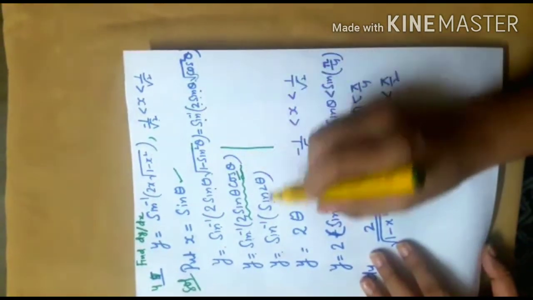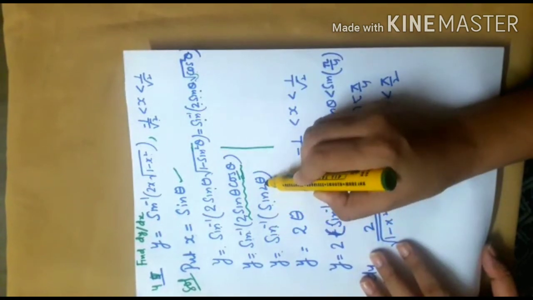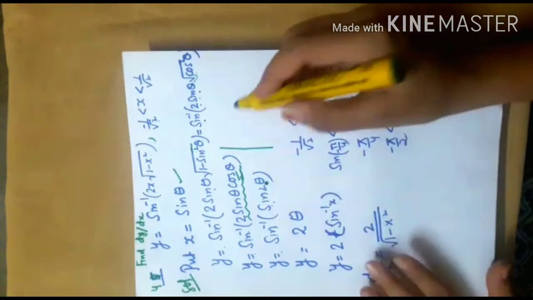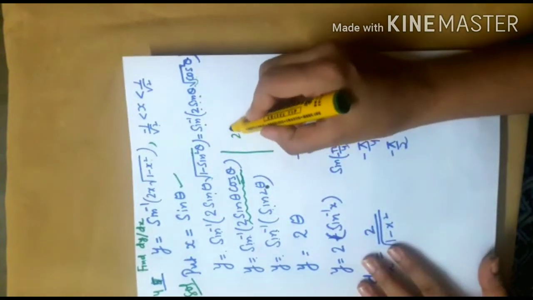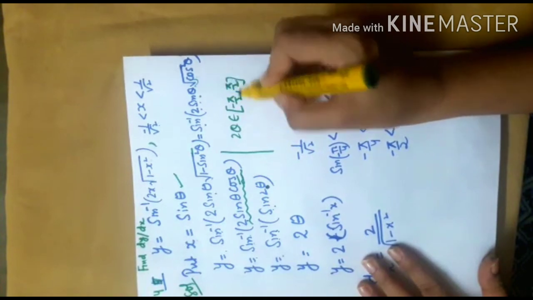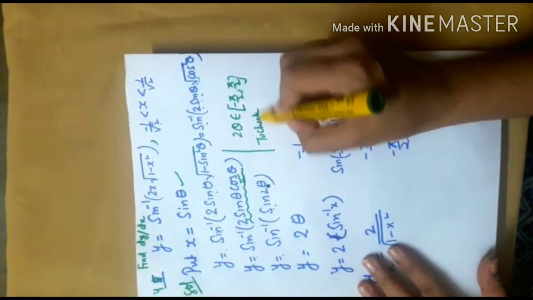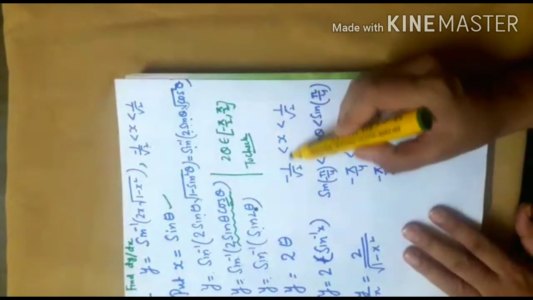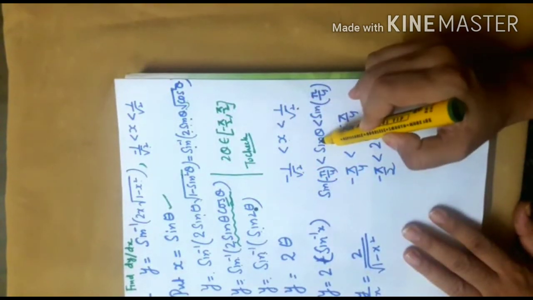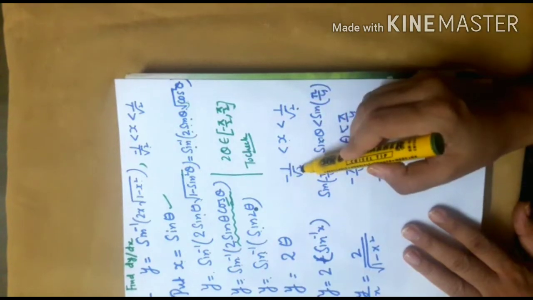And again, sine inverse sine x will be equal to x if x belongs to the closed interval minus pi by 2 to pi by 2. So I have to check that 2 theta belongs to this. This I need to check. Now look here. x is greater than minus 1 over root 2, less than 1 over root 2. x is sine theta, and 1 over root 2 is sine pi by 4.